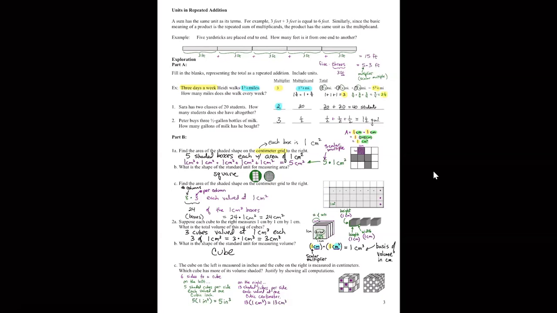Now there's 6 sides. So each side has a total amount of shaded cubes. We're assuming the cube is shaded throughout. 5 cubic inches worth of shading, and also 13 cubic inches worth of shading.